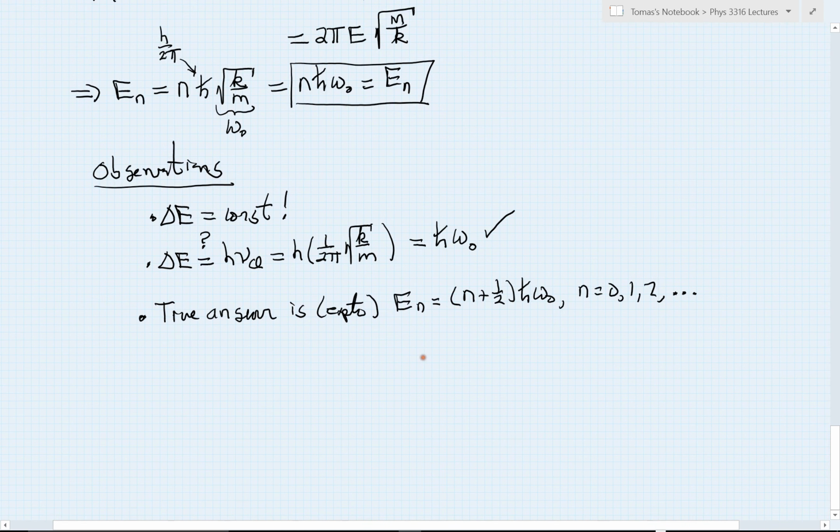And that's important because it's very important for you to understand that the Bohr-Sommerfeld quantization is not exact. You might get that impression because it actually did turn out to be exact for the hydrogen atom.